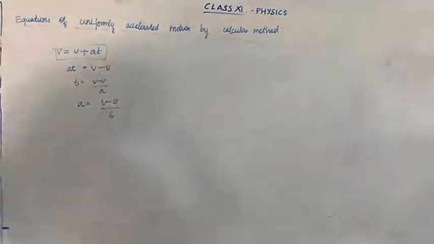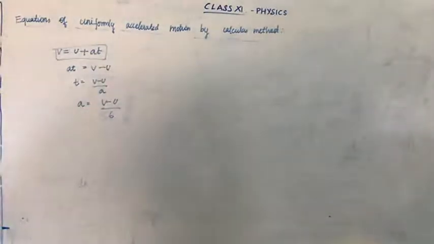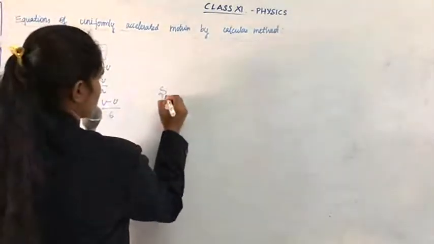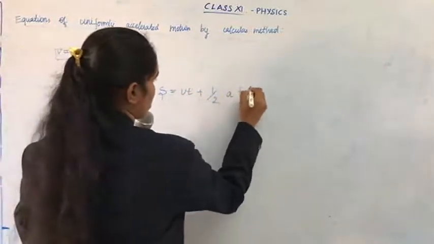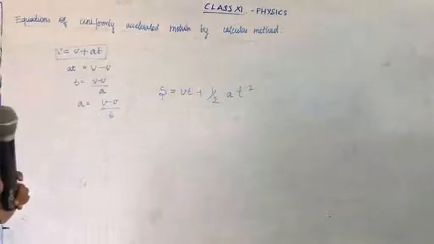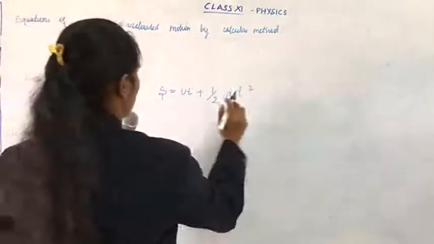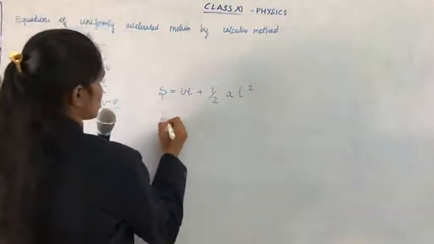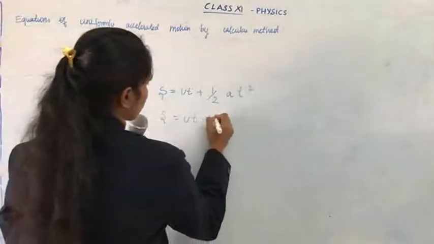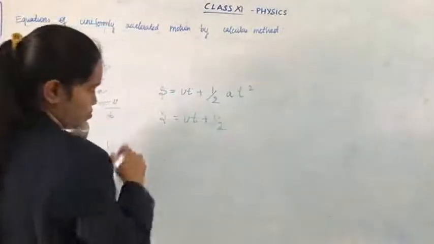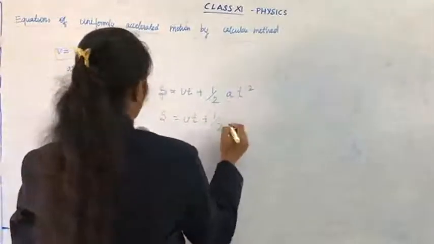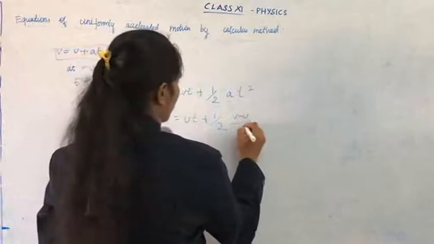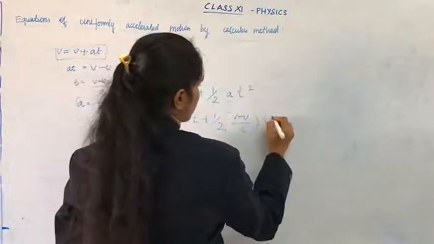Now we are going to apply it in equation 2. S equal to ut plus half a t square. For a, you apply it here: a equals v minus u by t, into t square.